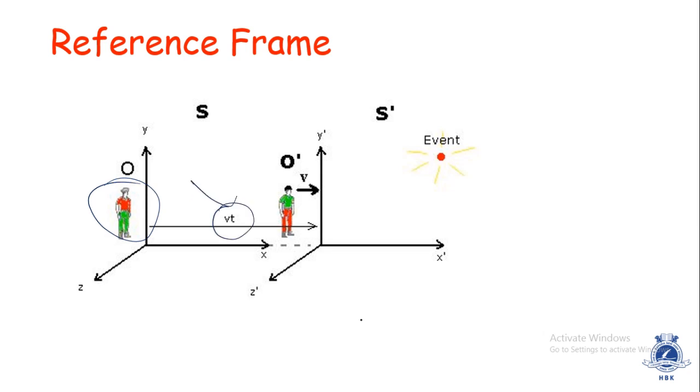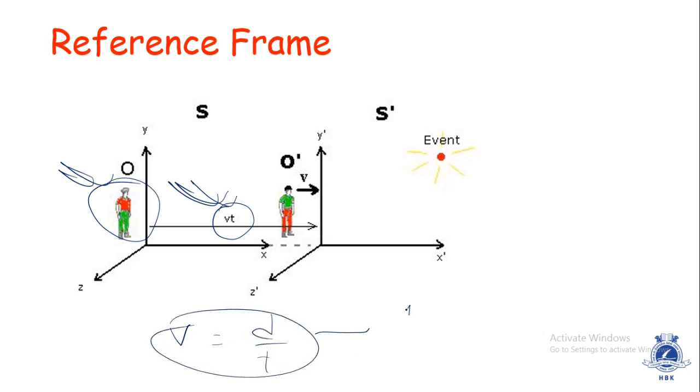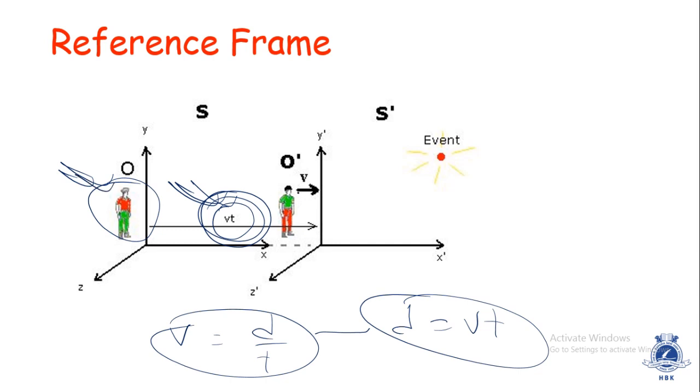In that case, v is equal to d by t, distance covered upon time taken. Therefore we can say d is equal to v into t, so v into t indicates the distance. Actually these two observers are observing the same event, but if they have different velocities, then also the event appearance can be different.